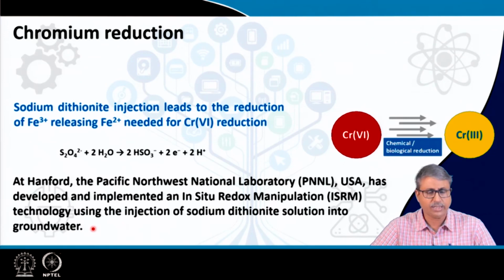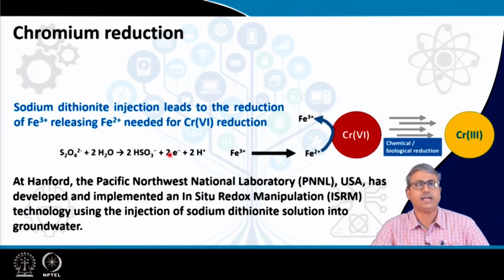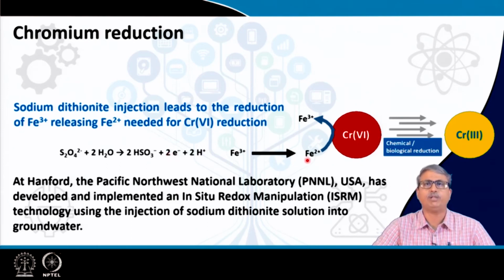So, dithionite is producing electrons, and these electrons are capable of reducing the Fe3+, which is present as ferric oxide or hydroxide in the aquifer solid phase, and this resulting Fe2+ is capable of reducing chromium 6 to chromium 3, and Fe3+ is getting produced.